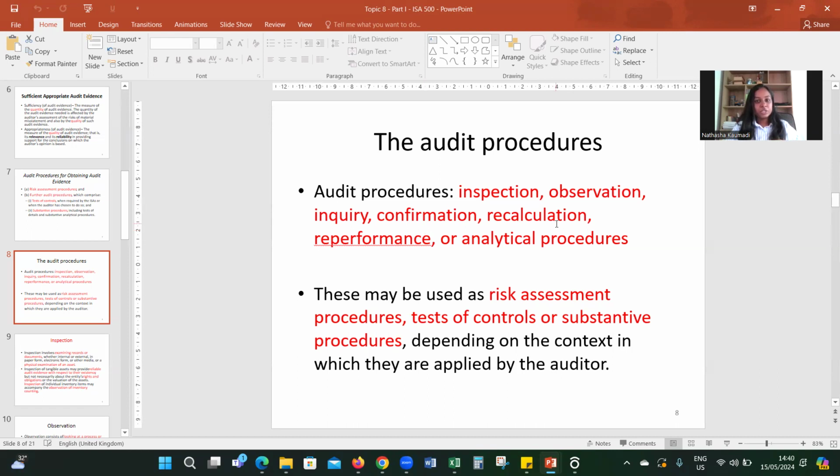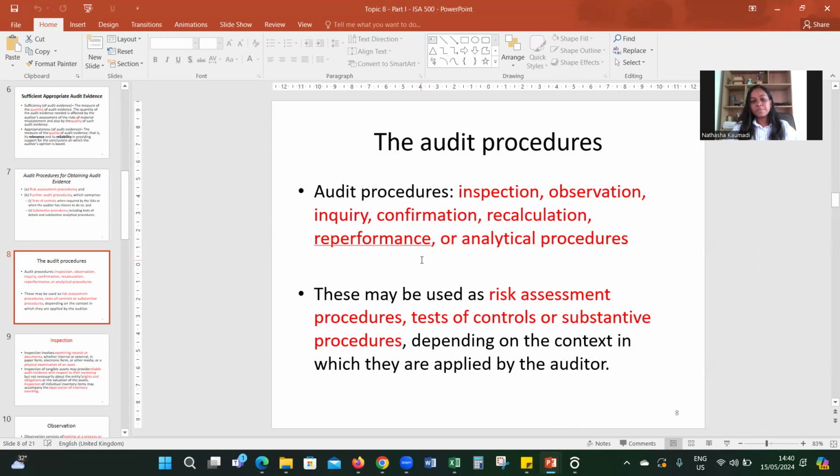Maybe recalculation. As the auditor, you are recalculating those figures to see whether the mathematical accuracy is there. Reperformance. You are reperforming a particular process or task performed by the client. Maybe you take one bank reconciliation and redo it and see whether the process has been followed.